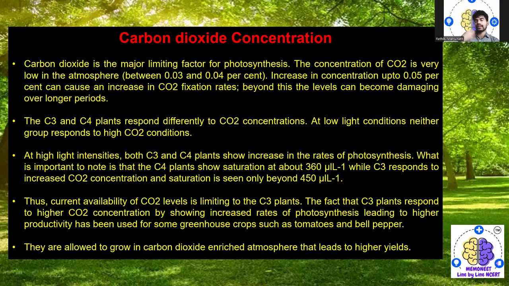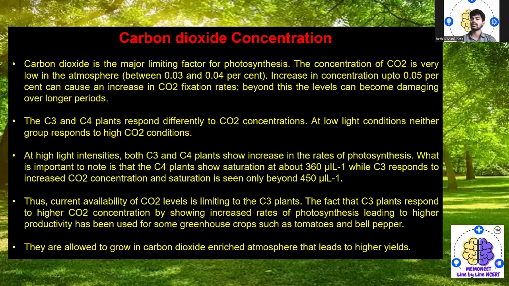If there is an increase in the CO2 concentration in the C3 pathway, you are going to see the saturation curve more, like 450 microliter. So the CO2 concentration, if it is more, it is limited to the C3 plant only.